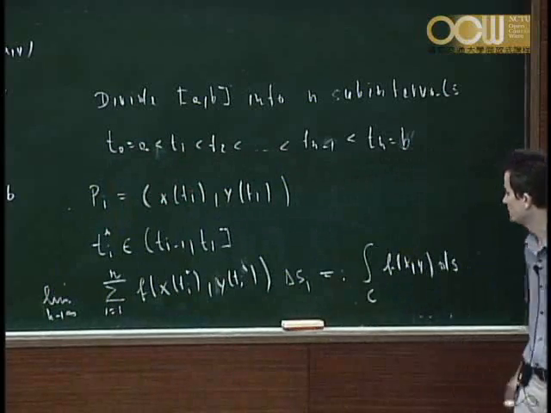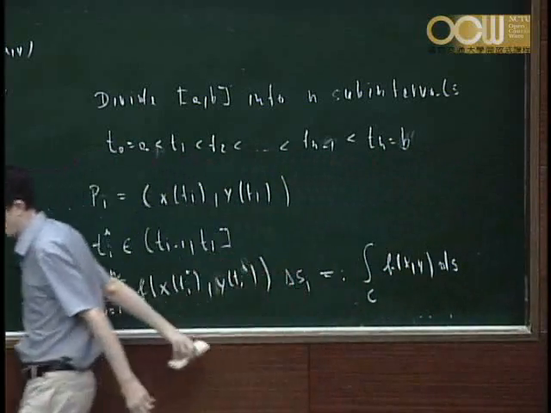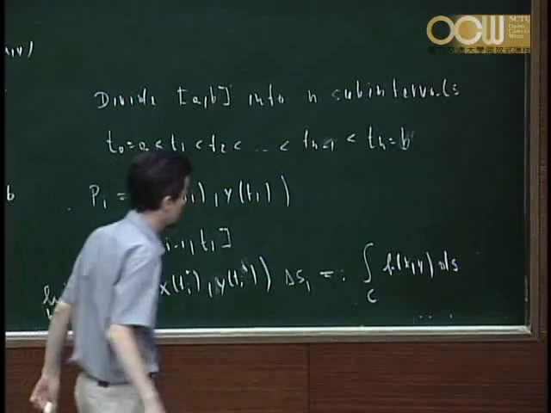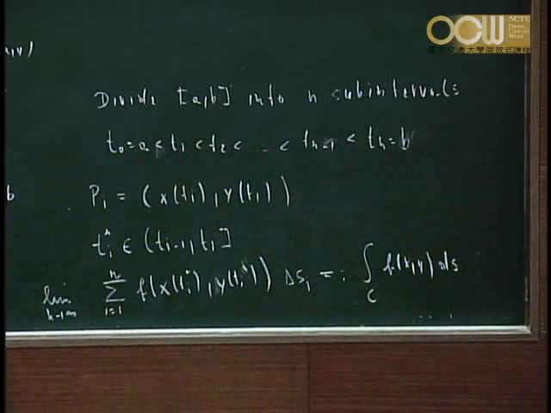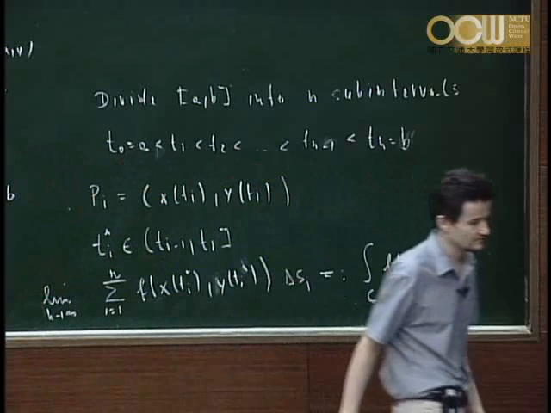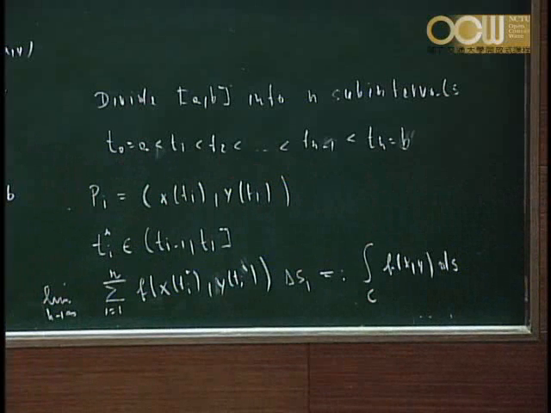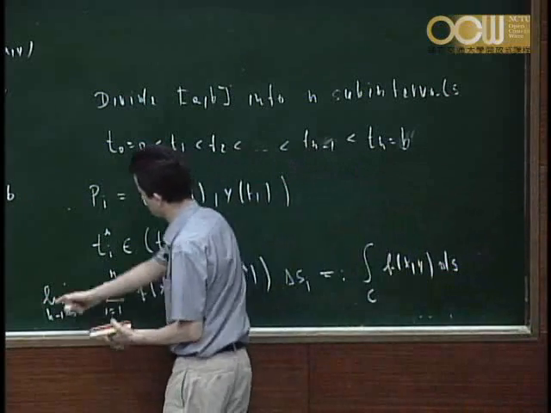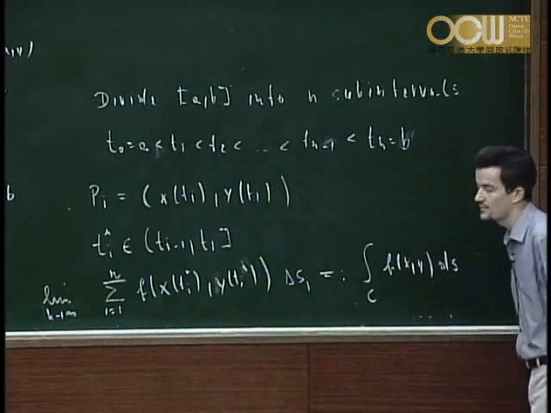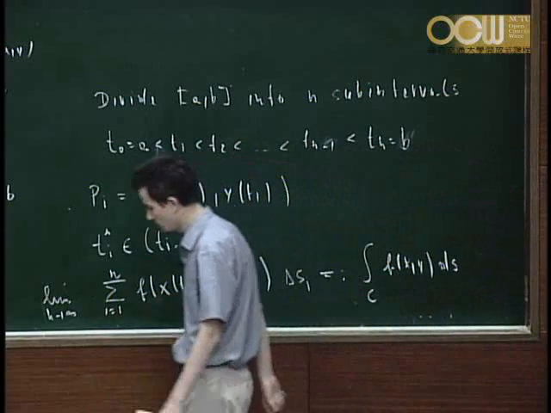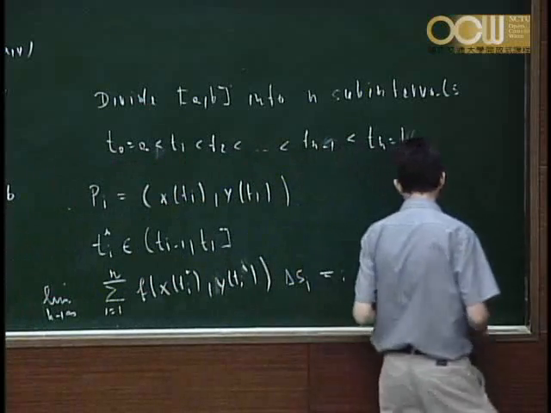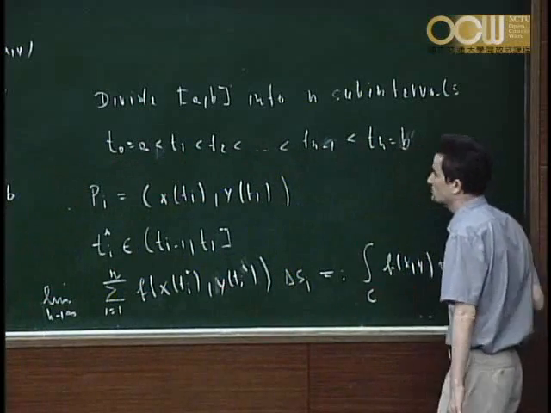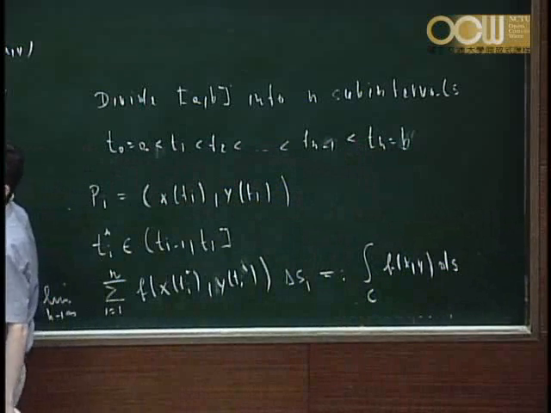And this is the so-called line integral of f along C with respect to the arc length. This is one of the line integrals. Maybe a better name, sometimes also used, is curve integral, not line integral. This has historical reasons. So we define the line integral by this limit. And we see that if f is larger or equal than 0, this has meaning, it makes sense to look at the line integral, because if f is larger or equal than 0, the line integral gives you the area of this fence here.